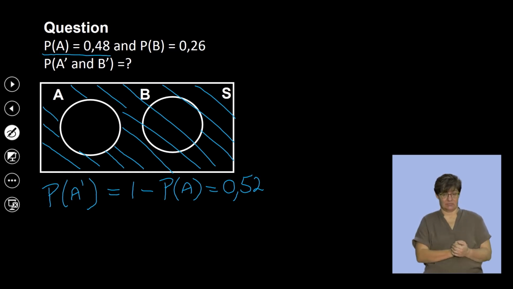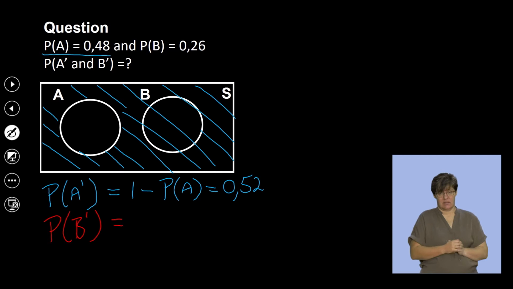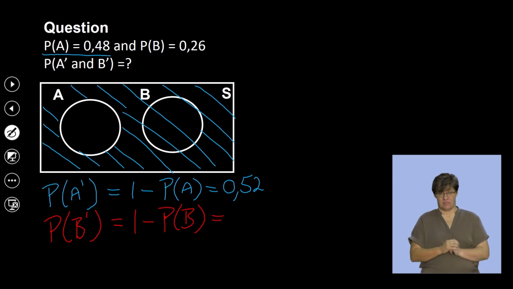Now, what about B? I'm going to change the color of my pen so we can see it. And we're going to say, what's the probability of not B? Well, that's everything that is not in B. And we're going to recognize that as 1 minus the probability of B. And if we do it, that's 1 minus 0.26.